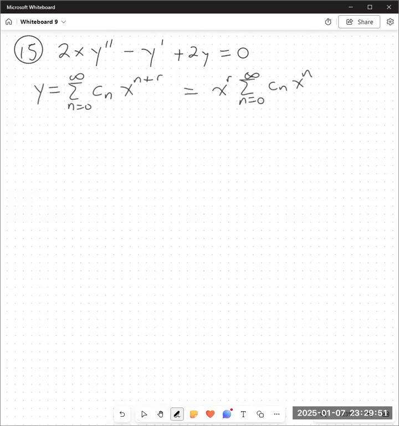So we're going to go ahead and take our derivatives, but unlike last time, we're not just going to be able to right away easily manipulate the indices and exponents and things like that. We're going to have to get to the point where we can do some work on this. And we need a second derivative.